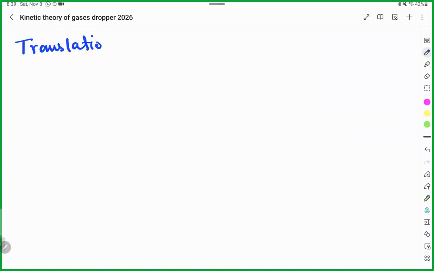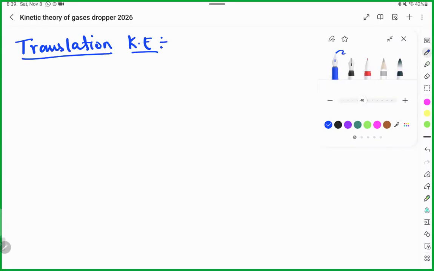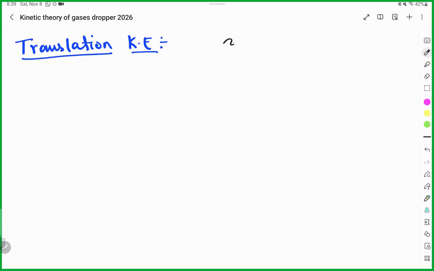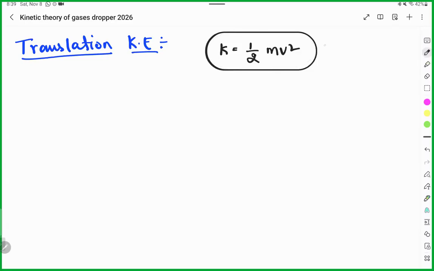We talk about the translational kinetic energy. Translational kinetic energy means kinetic energy in a straight path. Correct? What is the normal formula of kinetic energy, Barinder? Half mv square. This will be the kinetic energy of one gas molecule, right?